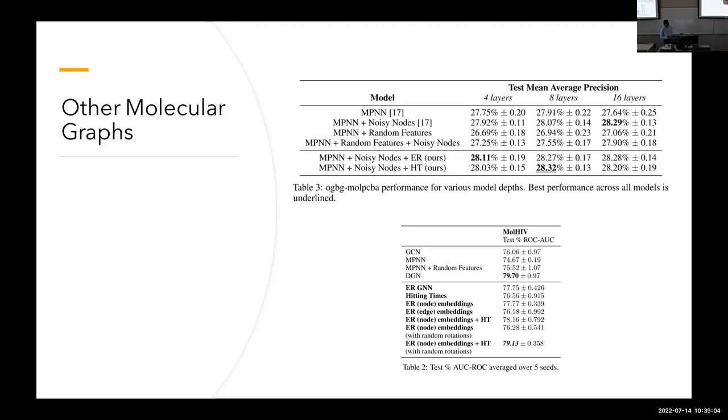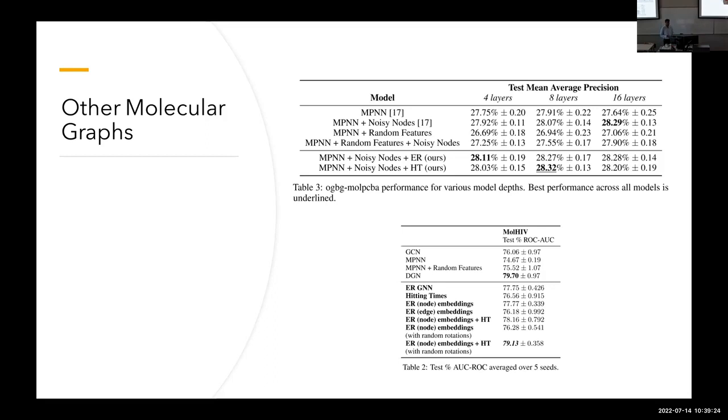Yeah, actually, I should have included this other table because I updated this and then forgot to change it here. But we actually had a similar result without noisy nodes. I think this is in our arXiv paper perhaps. So even without the noisy nodes, you're still beating the other benchmark.